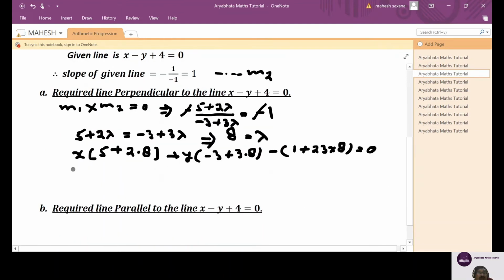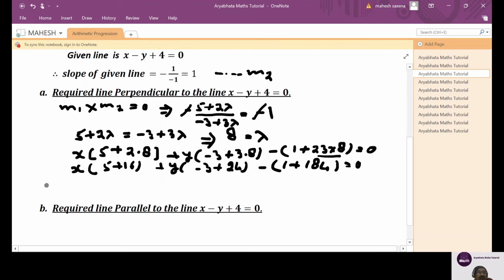That is x(5 + 16) + y(−3 + 24) − 1 + 184 = 0, which implies 21x + 21y − 185 = 0, adding 16 and 5 for x, and −3 and 24 for y.